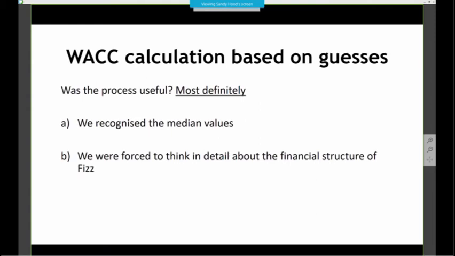And it's interesting for someone such as me who reads the examiner's reports every 3 months. I know that one of the criticisms that the examiners come up with again and again is a lack of understanding of the financials of the business.